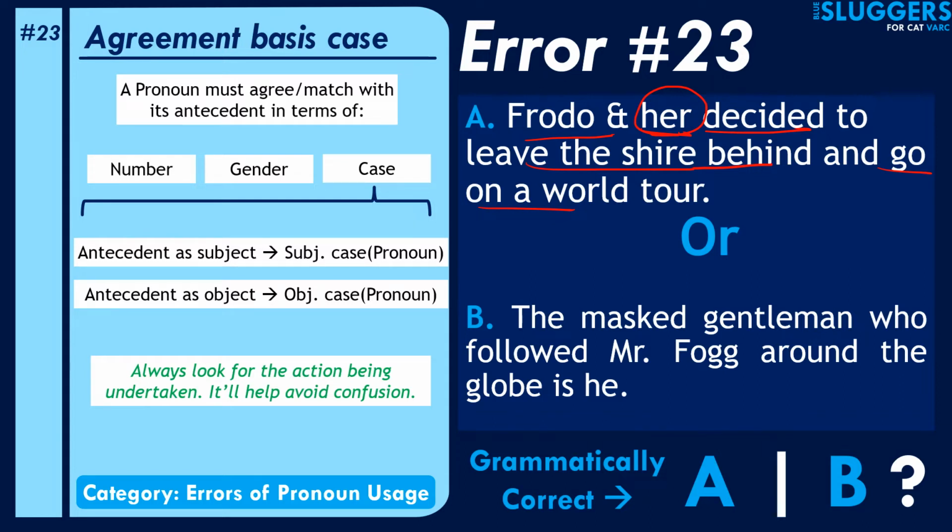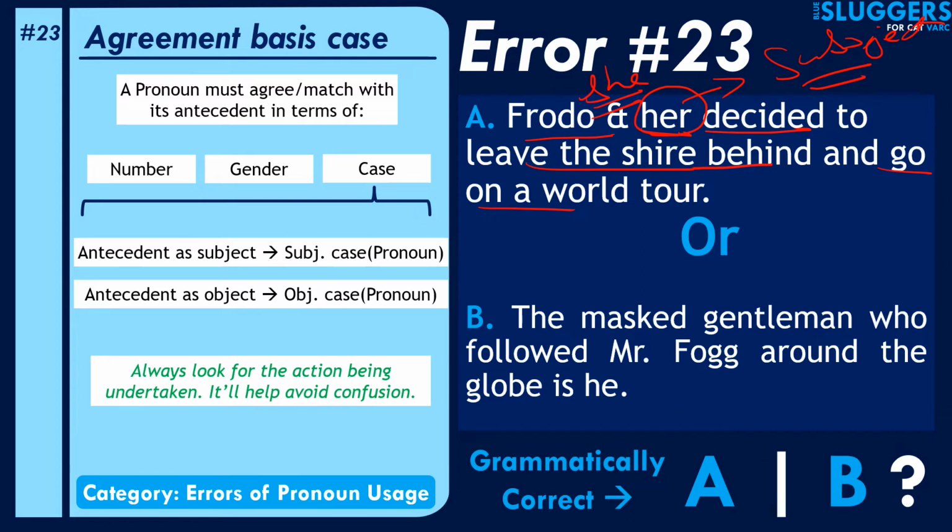I wanted us to be discreet about it. But anyhow, jokes aside, it's a subject case. This pronoun is supposed to function as a subject here, and hence it would be wrong to use an objective case of the pronoun here. You cannot use her here. You'd want to use she here. Frodo and she decided to leave the Shire behind and go on a world tour.